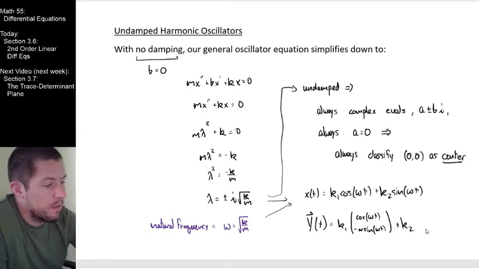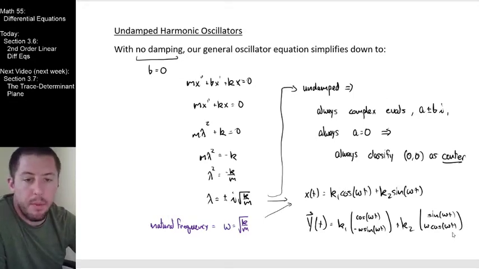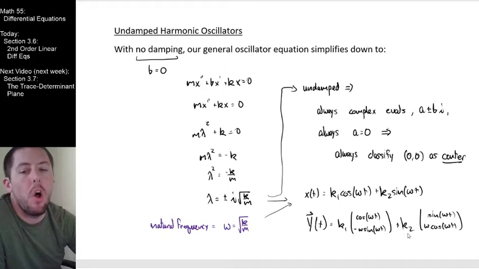Plus k2 times: the x component is sine omega t, and the derivative of sine omega t is omega cosine omega t.